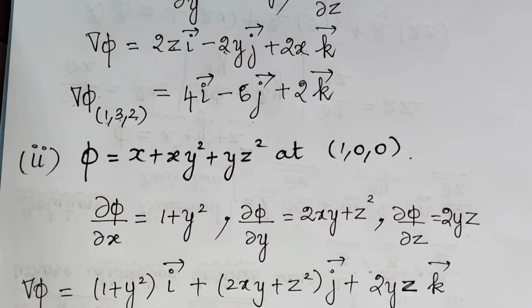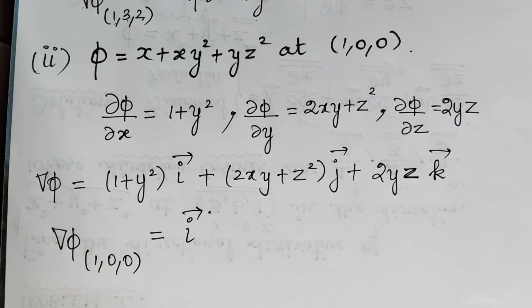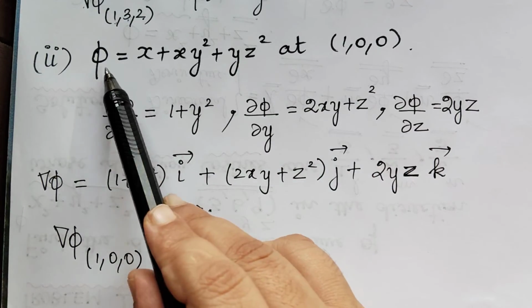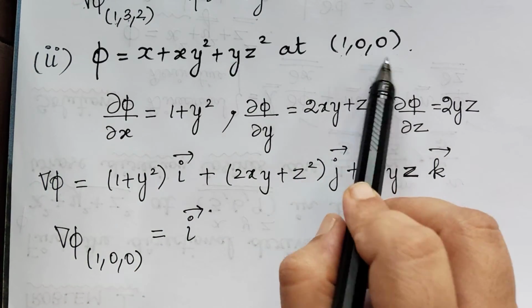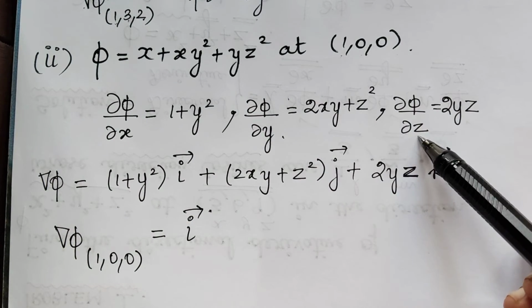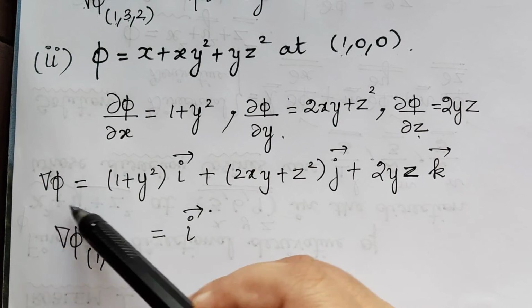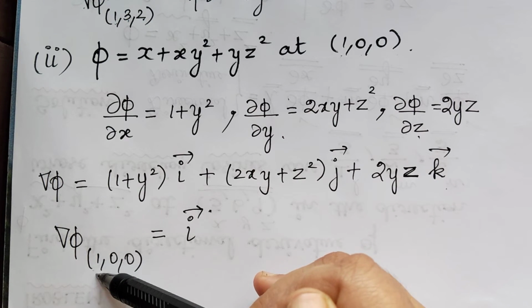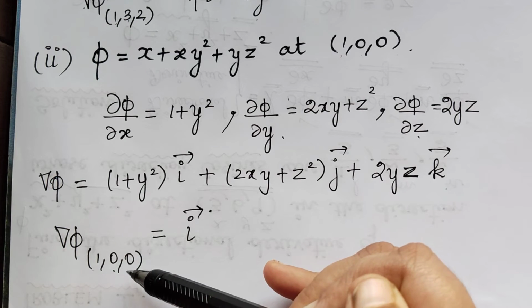Now here we have the second subdivision which I have already solved for you. So the value phi is given over here and we have to evaluate nabla phi at the point (1, 0, 0). So first we have to find ∂φ/∂x, ∂φ/∂y and ∂φ/∂z. And then substitute in the formula for nabla phi. And then for the value of x you have to substitute 1 and for y 0 and z also 0.